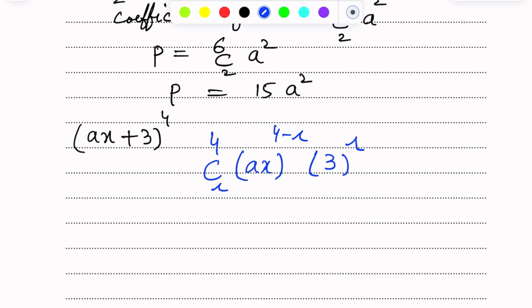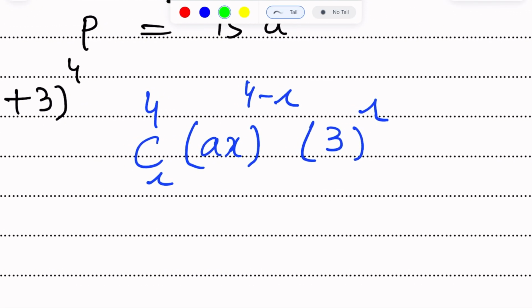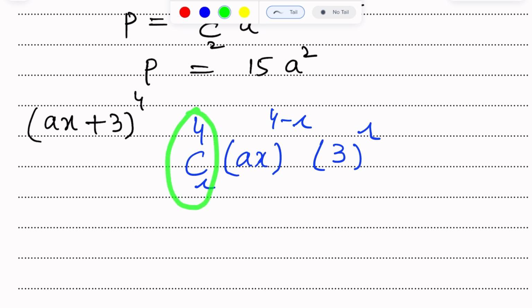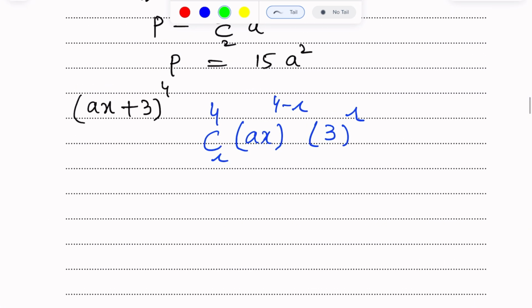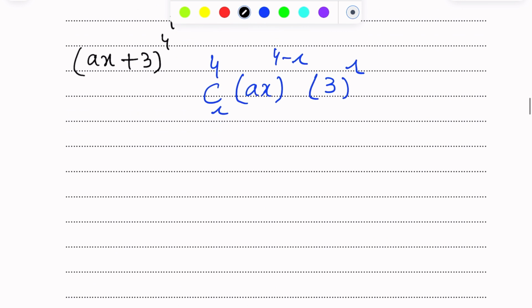Now here we will use the indices rule. 4Cr remains as such, but 4 minus r will be the power of a as well as x.